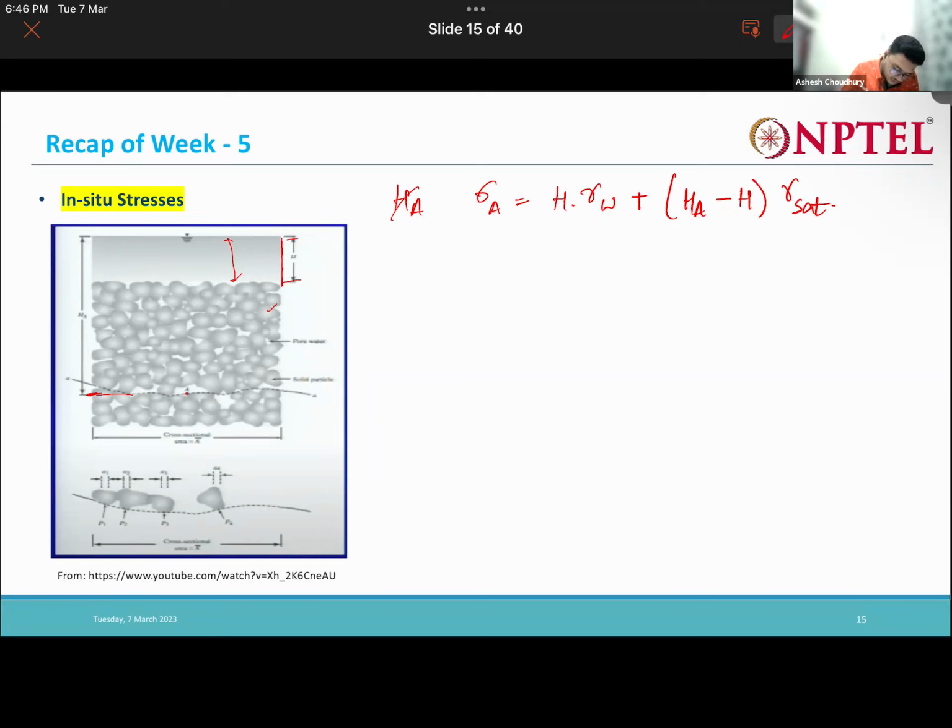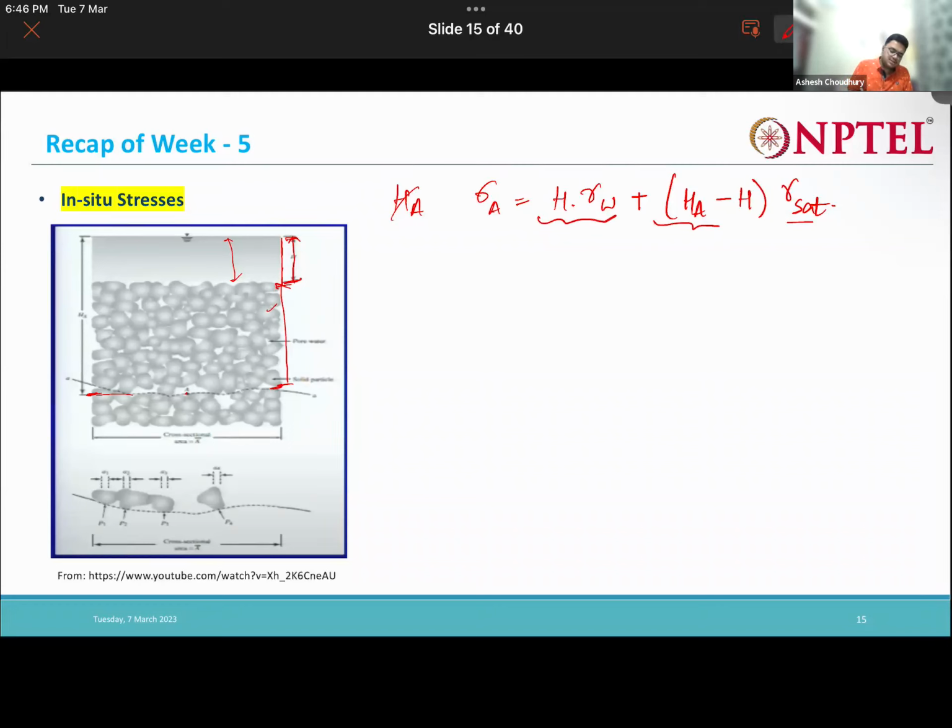So this is the weight due to the water column plus the weight due to the soil column. H into gamma W plus HA minus H, meaning this length, into the saturated unit weight of the soil.